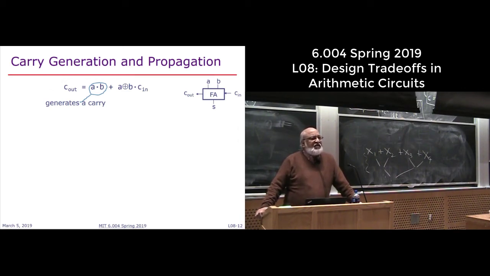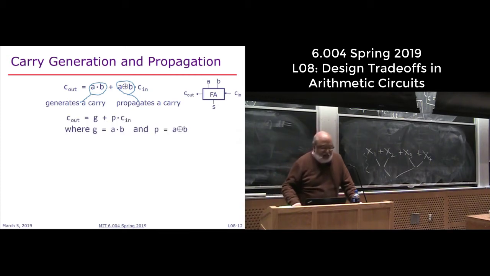And what about the other thing? If that turned out to be 1, then if the carry in is 1, then the carry out will be 1. Hence we call it propagate. This factoring is being done very carefully. Alright, you will see why I'm looking at it like that, but first let's just get used to the names.